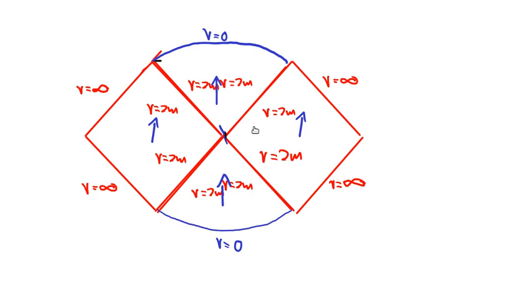So we have obtained a diagram which cannot be extended anymore. What is the meaning of this diagram? This diagram is the Penrose diagram of the Schwarzschild extension.